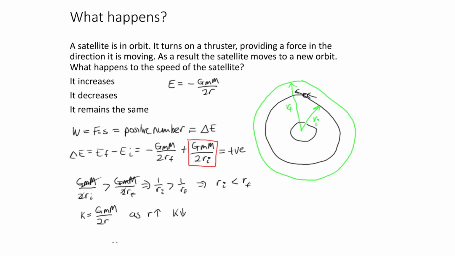And since the kinetic energy is also equal to a half mv squared, this tells us that if the kinetic energy is decreasing, the speed must also be decreasing. So it's possibly a surprising result, but when the satellite turns on its thruster, its speed does eventually decrease once it's stabilized into a new orbit.